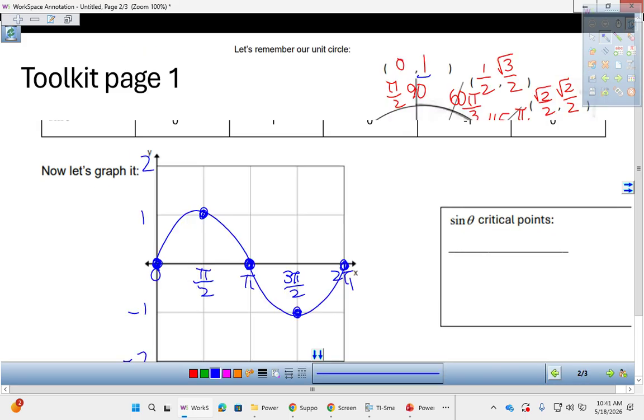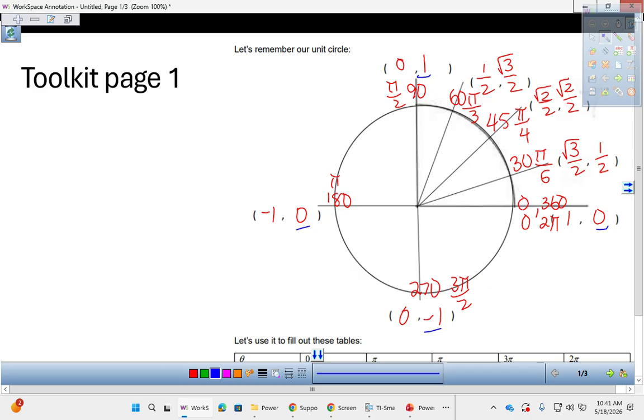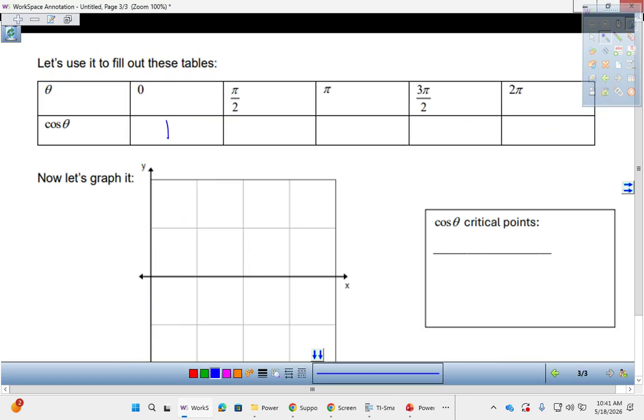At pi over 2, up at the top, 0, 1, the x value, because cosine is x, is 0. So I'm going to do 0 here. And as we go over, pi is negative 1. 3 pi over 2 is 0. And 2 pi, back to where I started, is 1.